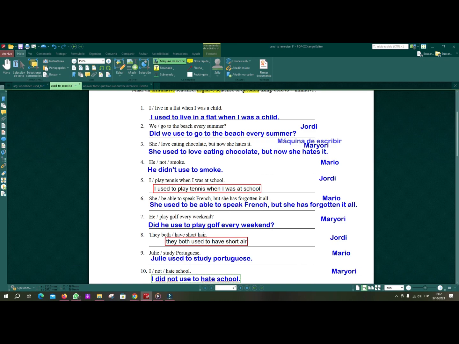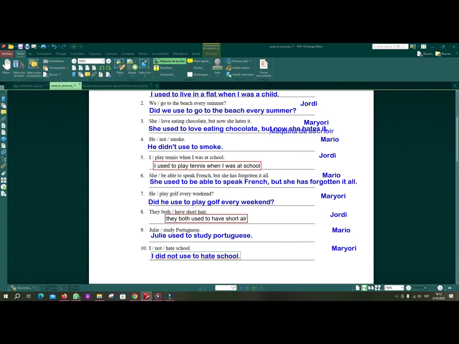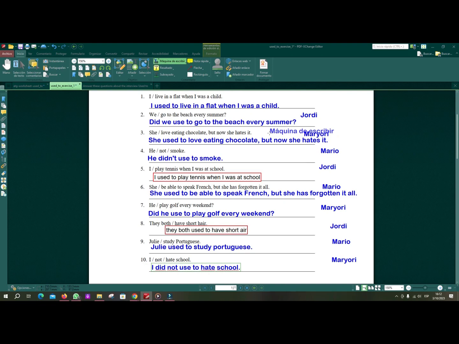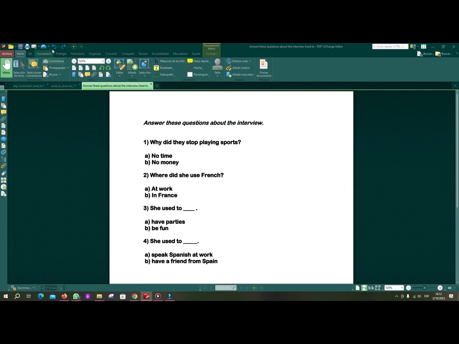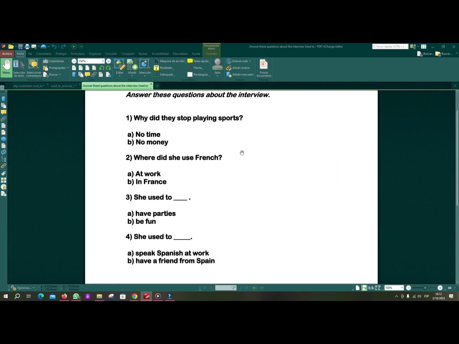It's amazing. Do you have questions about them? No? Is everything clear? I guess this is a very easy topic, right? So you can continue practicing at home, right? So let's do the last activity that will be a listening comprehension activity. So here you have some questions.